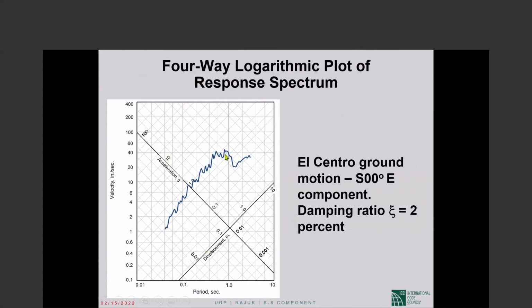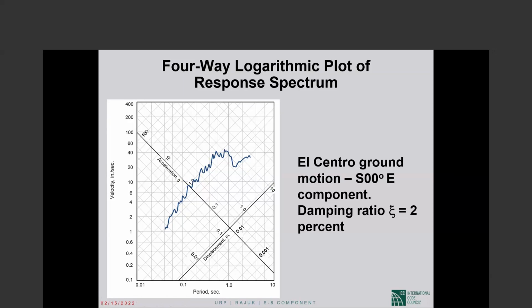So if we take a point on the curve and go to the y-axis, we can read the spectral pseudo-velocity. If we drop a perpendicular to this diagonal axis, we can read the displacement. And if we drop a perpendicular to the other diagonal scale, we can read the spectral acceleration.